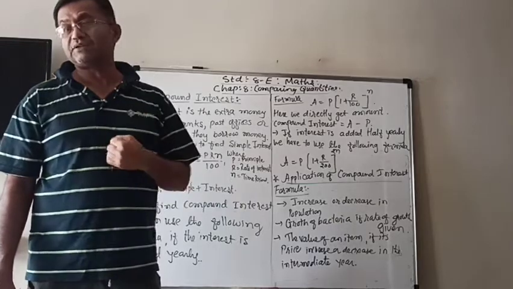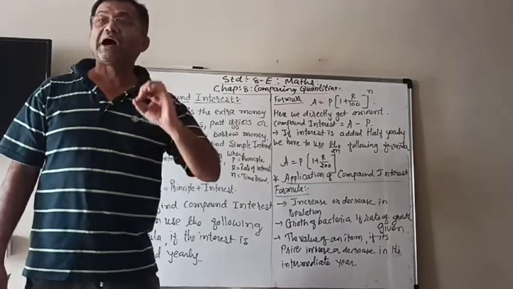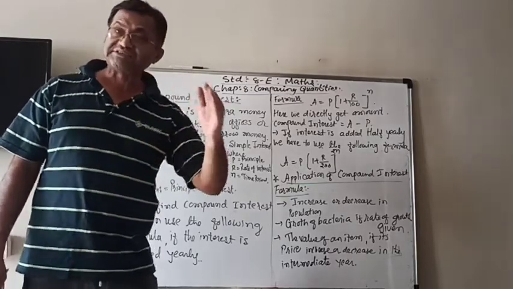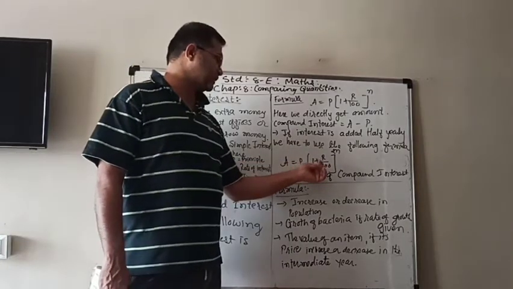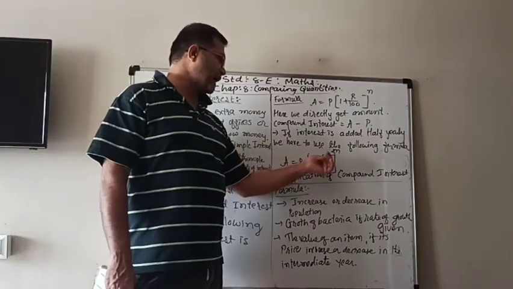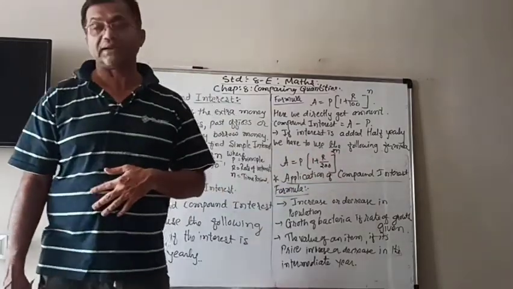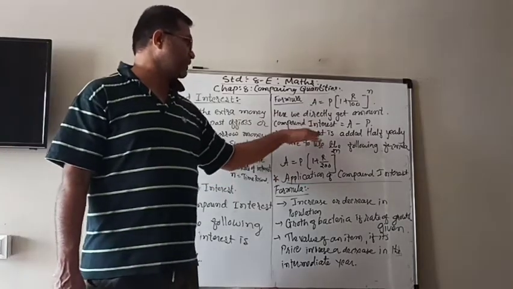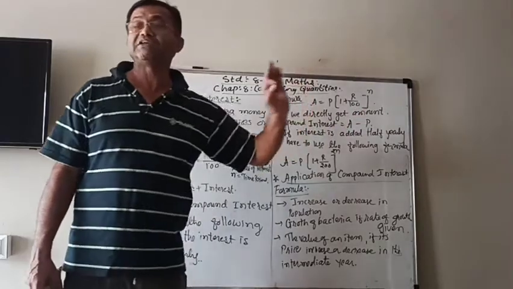And if the interest is added half yearly, meaning after every 6 months, then we have to use the formula P into bracket 1 plus R upon 200 raised to power 2n. And then we do the same thing to find compound interest. Compound interest is equal to A minus P.